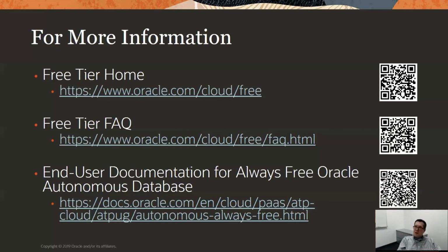That's a great question. That is not possible right now. Actually, the two entry points are: start the free trial and get your always free along with the free trial, and then make your choice later whether to transition to a paying account or just stick with the always free. That's entry point number one. Entry point number two is to just sign up as a paying customer from the get-go, from the beginning.